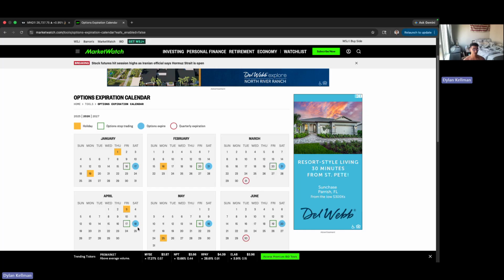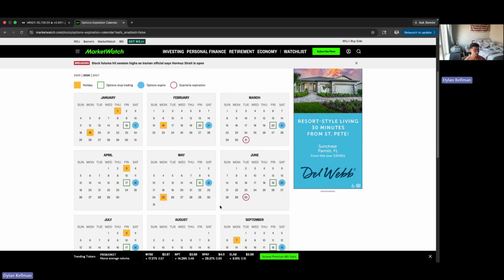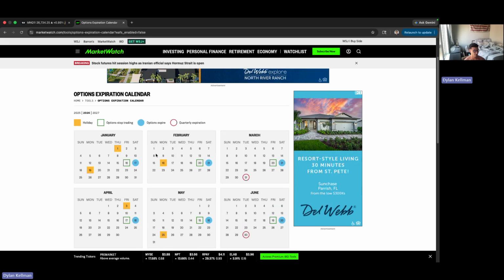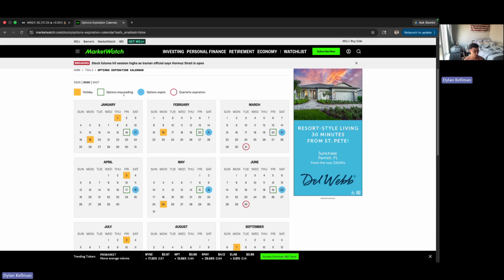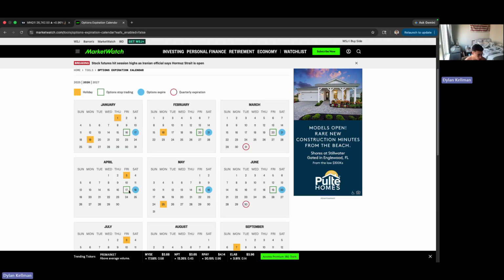I actually already took a trade in pre-market, but I was trying to take one last night and went back because it was choppy. I've gotten cooked so many times because I didn't realize this was a thing. Today is April 17th, options expiration. That means they expire tomorrow, but today is the last day you can trade them. So the market, more than likely, is just going to do a barcode.